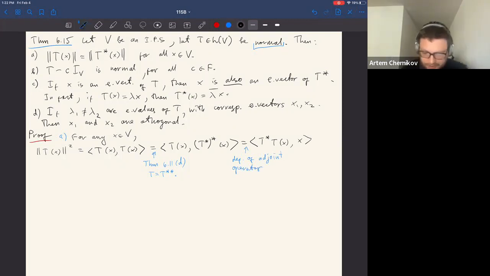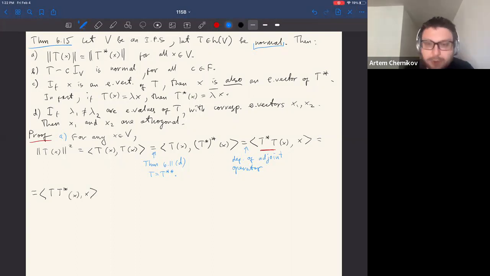Here I wrote it as a composition, but what it should be saying is we take T star of T of x. This is how we apply the formula. Now this in turn is equal to T composed with T star of x, inner product with x.